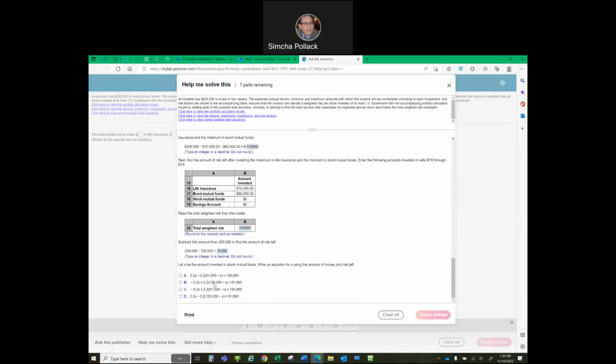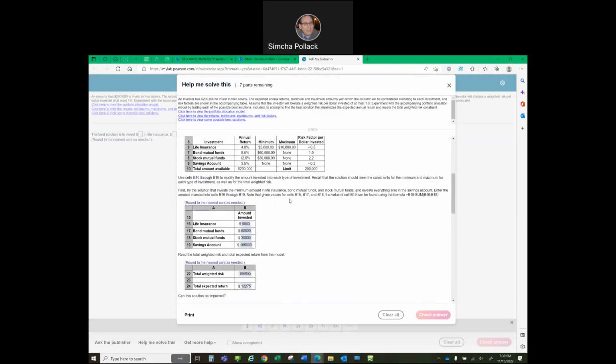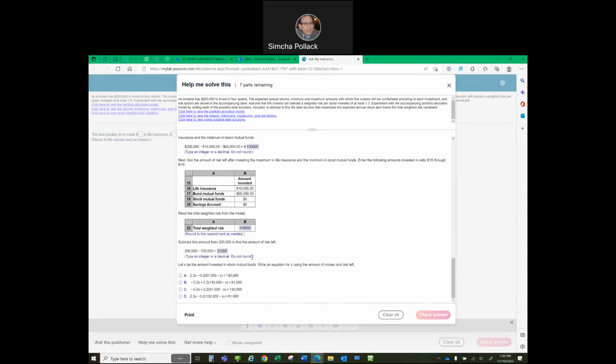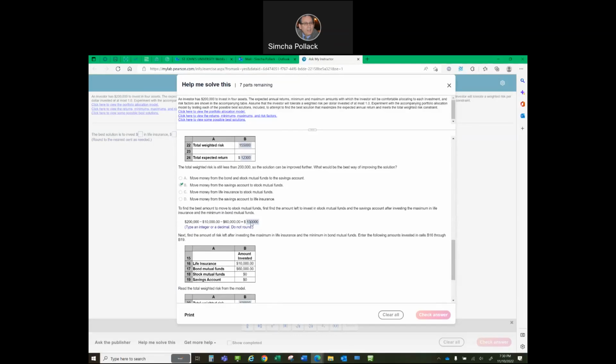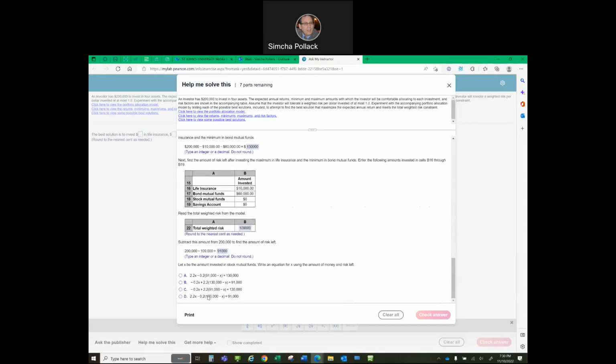And it's going to be either equation B or equation D. The amount that we're investing in stocks has a 2.2 risk factor, so for each dollar we invest, you've got to multiply by 2.2. But the other thing is we have $130,000 to use. So $130,000 minus the amount that's going to stocks goes to savings.